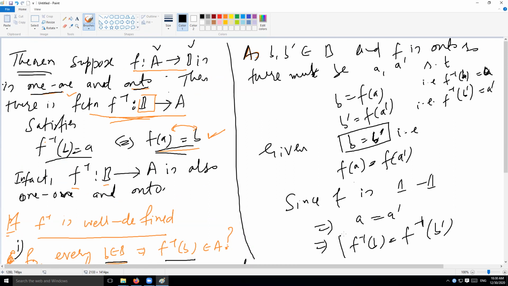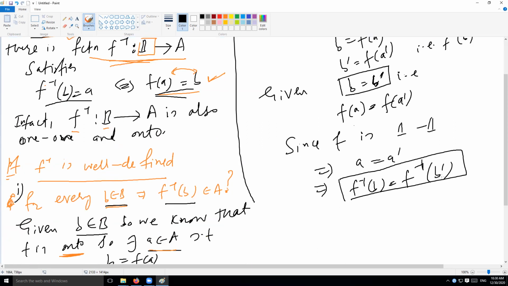We proved F inverse of B is equal to F inverse of B prime. Hence, what follows? That your F inverse from B to A is indeed a function. It's indeed a function.